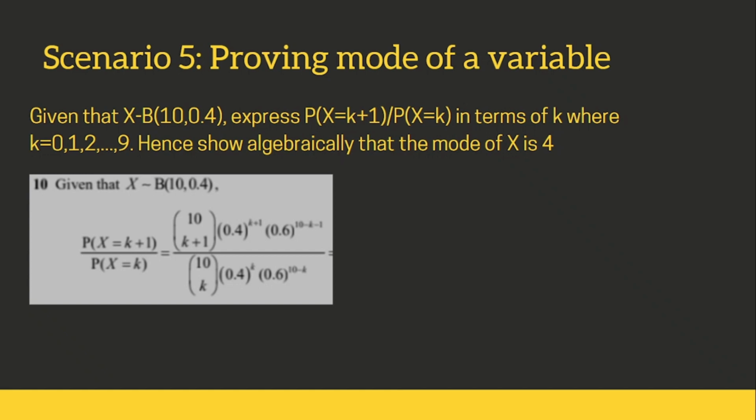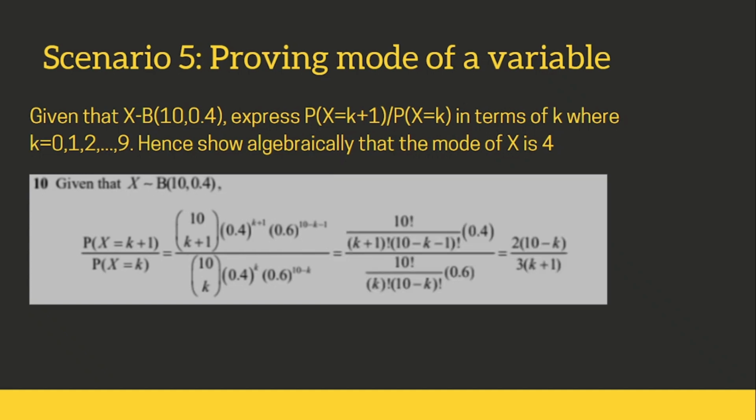So in this case, k+1. And for your denominator is also a similar formula. It's just going to be 10 choose k times 0.4 to the power k times 0.6 to the power 10 minus k.